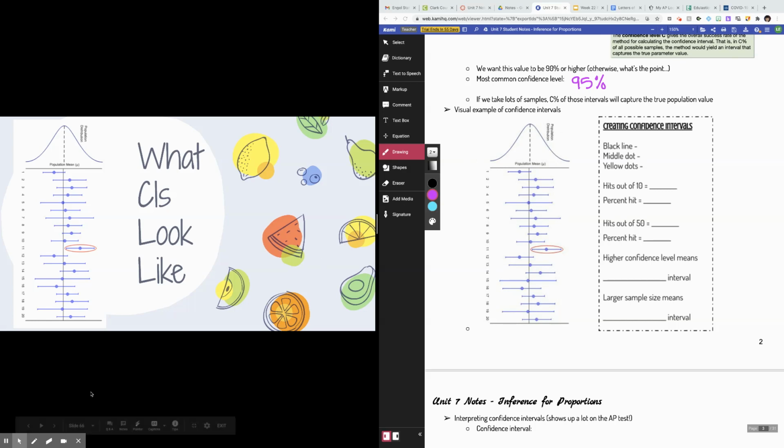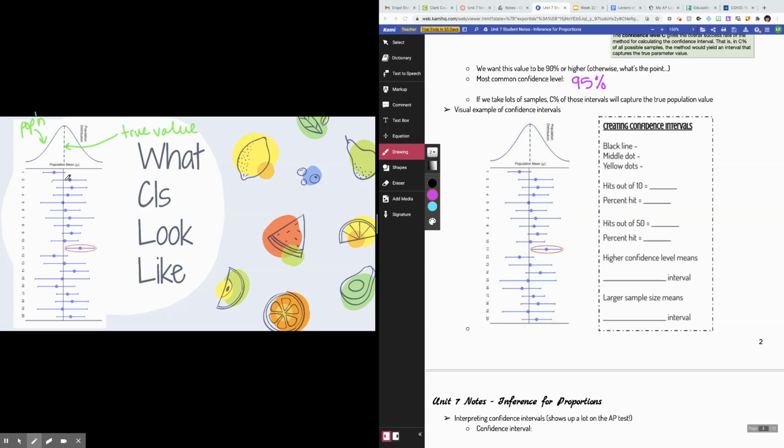What you see on your screen right now is a population. Here's a normally distributed population that has a population mean. So this, my lovely dashed line here, is my true value. Remember, this class is, if nothing else, a search for the truth. We are trying to find true values.